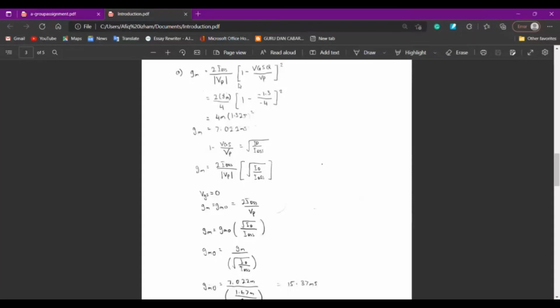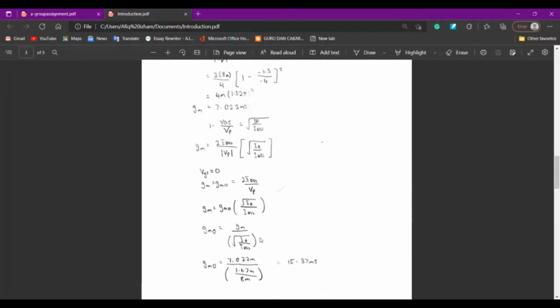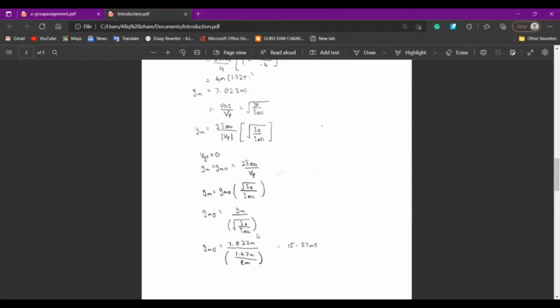Thus, from this equation and this equation, we can get that GM is equal to GM0 times square root of ID over IDSS. So we just bring the GM0 to the left side and input all the values with the information given, and we get GM0 is equal to 15.37 millisiemens.